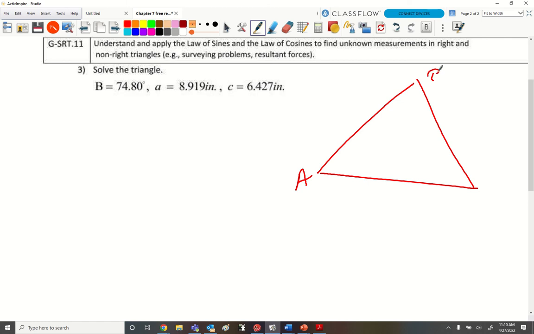A, B, and C. Big B is 74.8 degrees. Little a is 8.919. Little c is right here, it is 6.427.